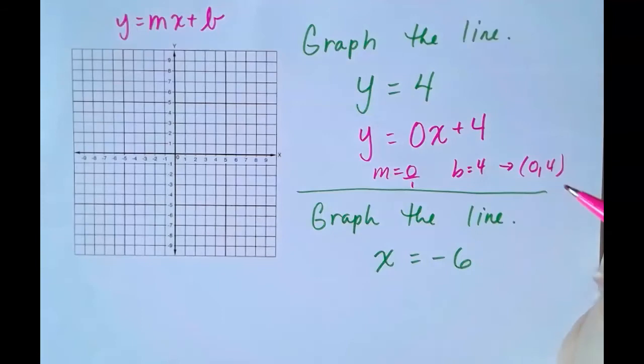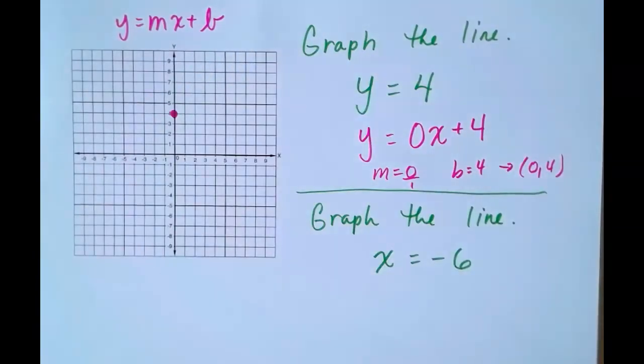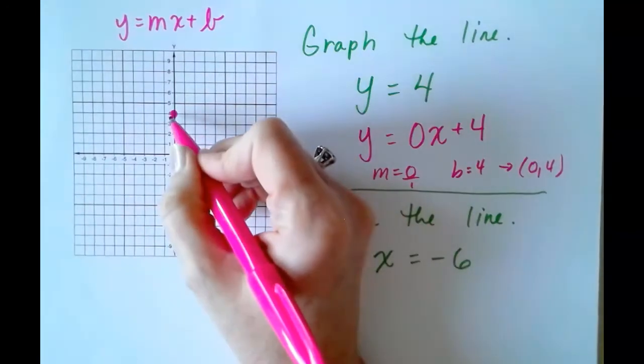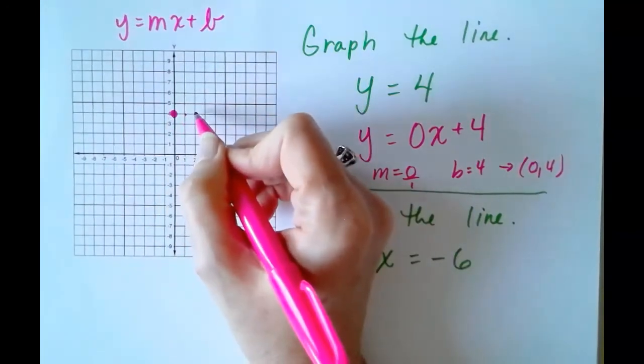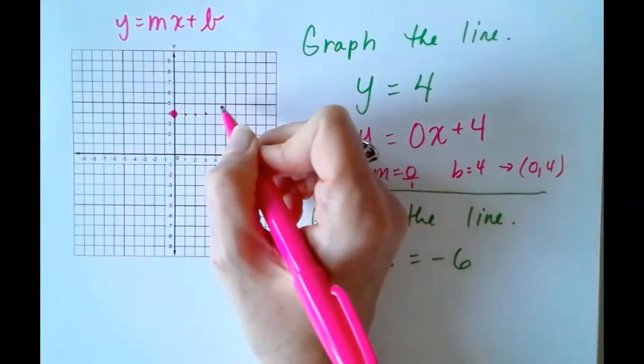So if we graph this, over 0, up 4, what type of line has 0 rise? Rise 0, run 1.